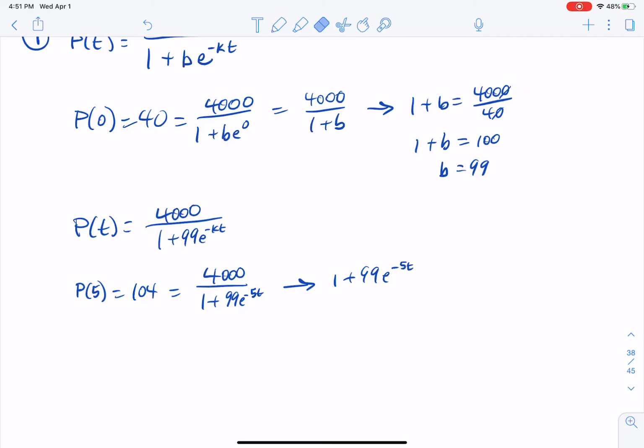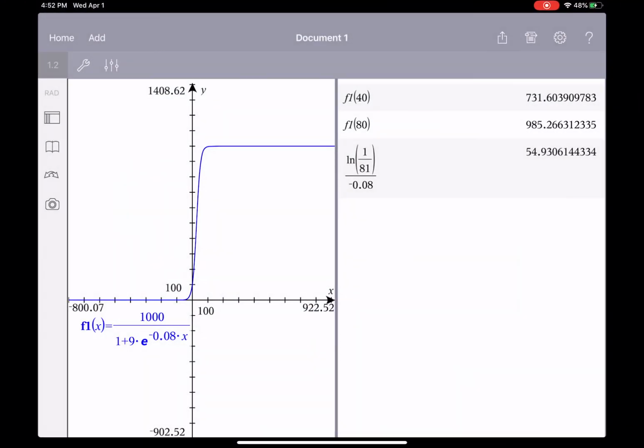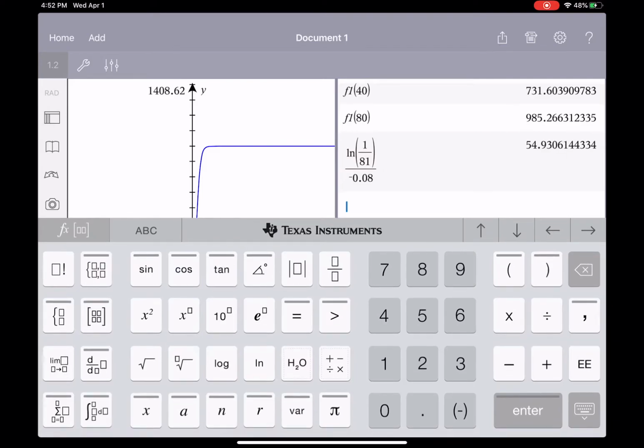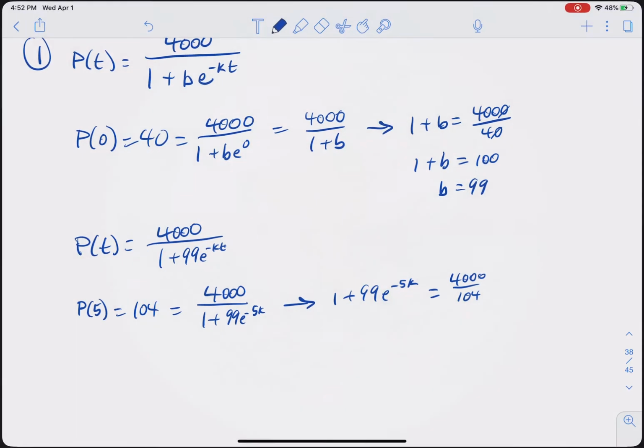Wait, I'm solving for k, it's not a t. Here, change that. Negative 5k. Easy fix. Cross multiply once again: 1 plus 99 e to the negative 5k is equal to 4,000 over 104 simplified. The calculator's going to simplify that for me: 4,000 divided by 104 gives us 500 over 13, of course.